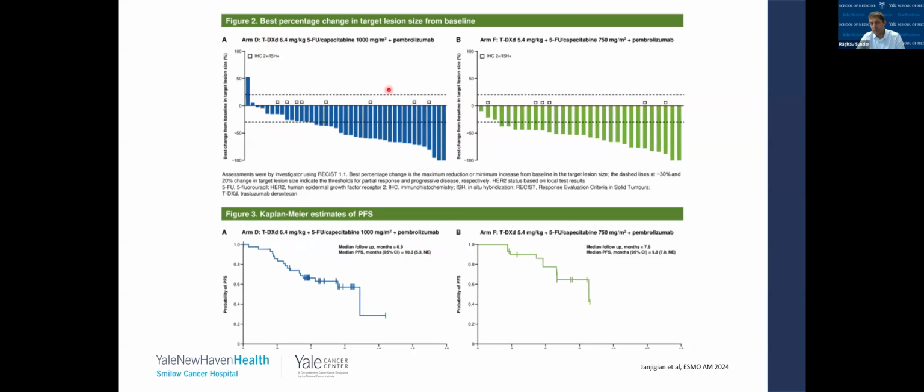One of the concerns about DESTINY-Gastric-03 was that the higher dose of trastuzumab deruxtecan, 6.4 milligrams per kilogram, actually had quite a lot of toxicities. And so they actually opened a second cohort with a lower dose of 5.4 milligrams per kilogram of trastuzumab deruxtecan. And this had very similar response rates and survival, but had much, much lower toxicities.